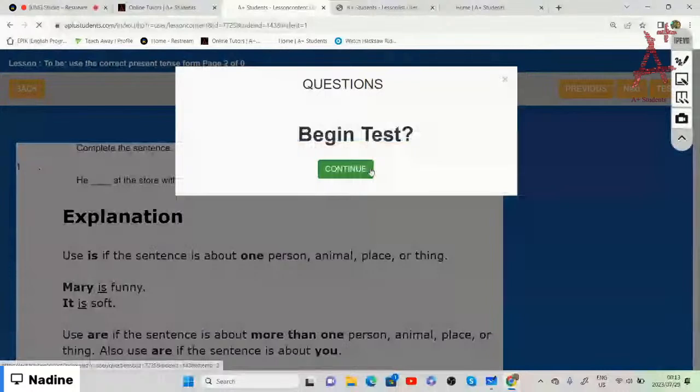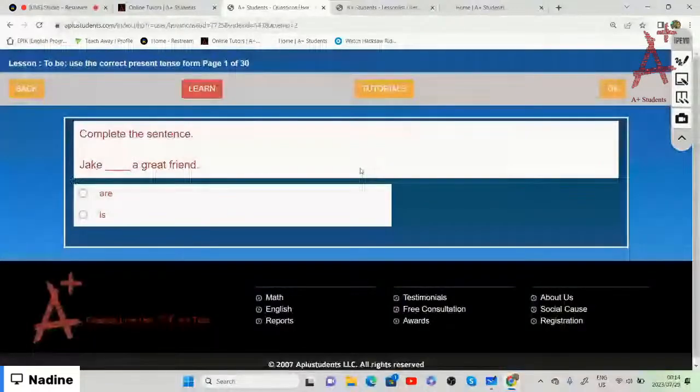All right, so here at the test, we need to complete the sentence by filling in either is, am, or are. Jake, is it Jake are a great friend, or Jake is a great friend? We need to choose the correct one.